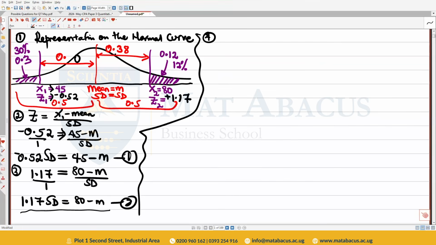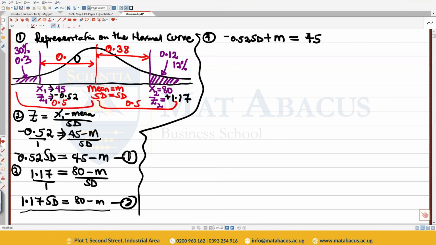The first one will be: negative 0.52 SD plus the mean is equal to 45.